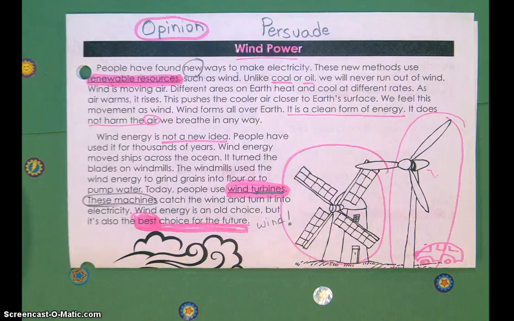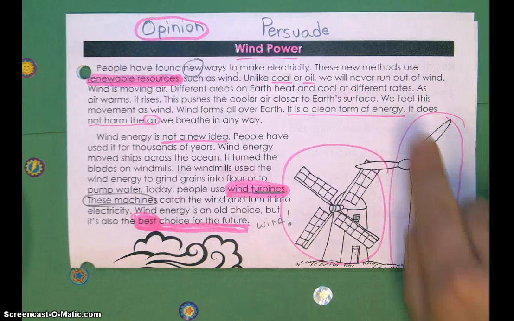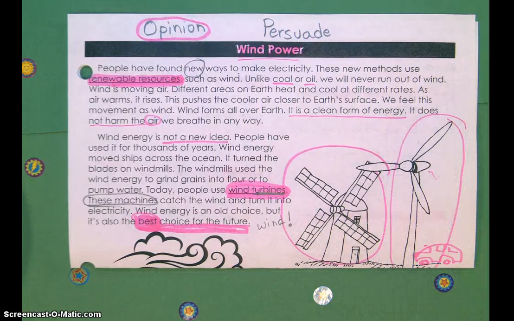As air warms, it rises. This pushes the cooler air closer to the Earth's surface. We feel this movement as wind. Wind forms all over Earth. It is a clean form of energy. It does not harm the air we breathe in any way.